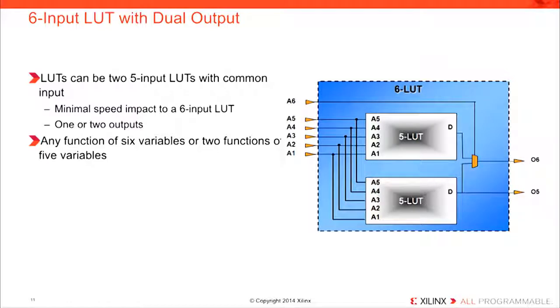The lookup table is a 6 input lookup table which has 2 outputs, O6 and O5, and it has 6 inputs. So 6 input means a function of 6 Boolean variables can be implemented, and if you are implementing that you will get an output on O6. However, if you have 2 functions of up to 5 variables, the same variables, then those 2 functions can be implemented into one lookup table providing you 2 outputs.